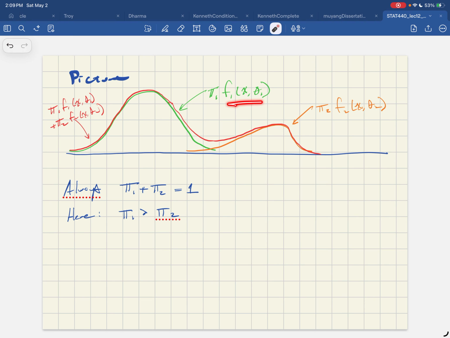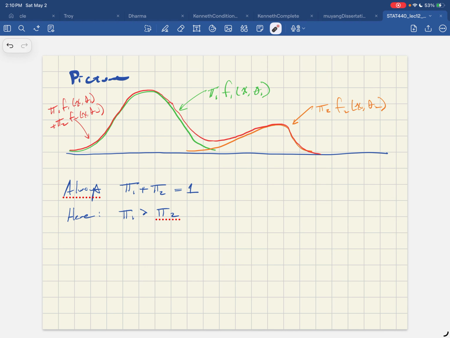So if this is a perfect probability model without accounting for pi, if I just integrated f1, I would get 1. If I just integrated f2, I would get 1. By multiplying this by 0.75, say, and multiplying this by 0.25, I get a new model. This red curve is guaranteed to integrate to 1 so long as the pi's sum up to 1.